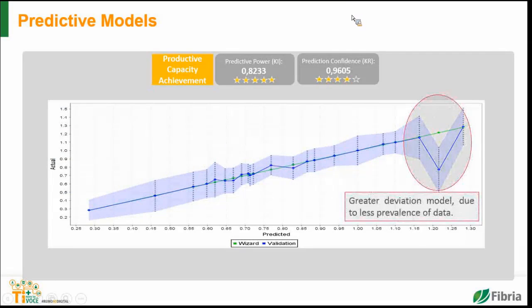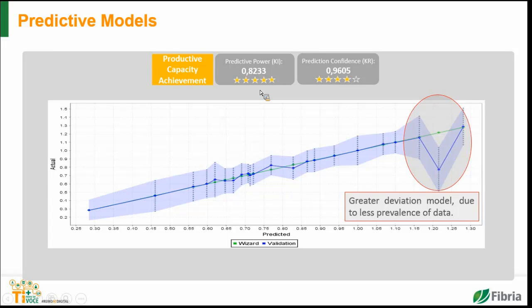Oh, sorry. So here we have a very important chart that shows you the quality of the model that was created. At the top you can see the prediction power, 82%, that represents like a 5-star model.